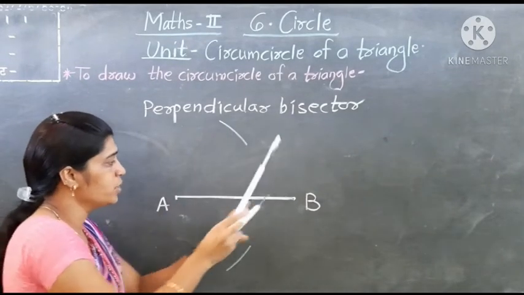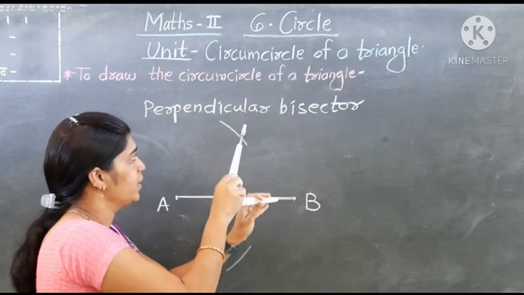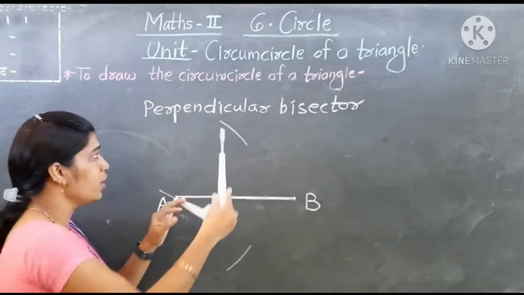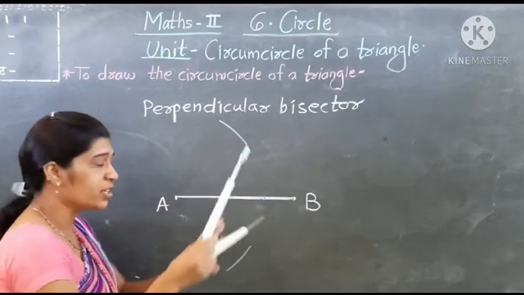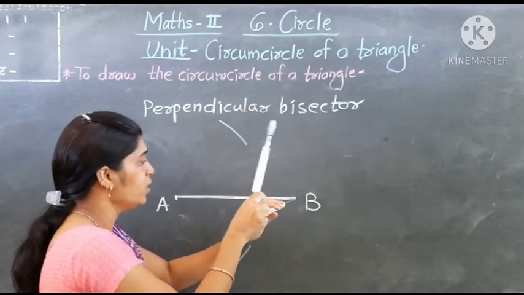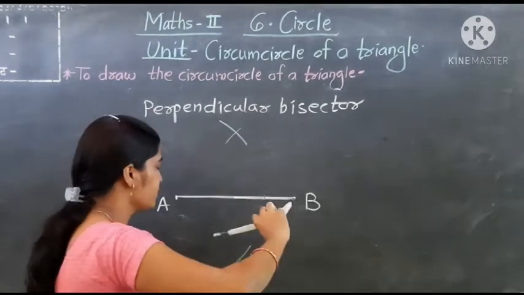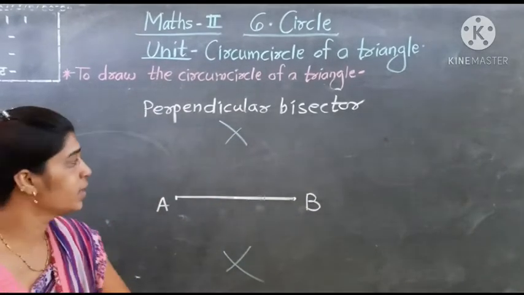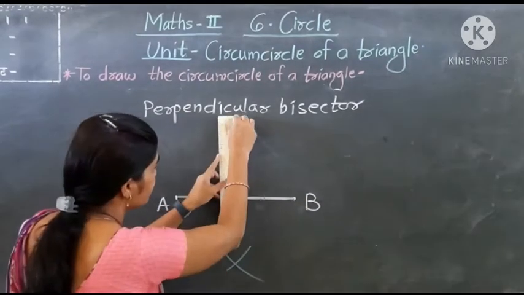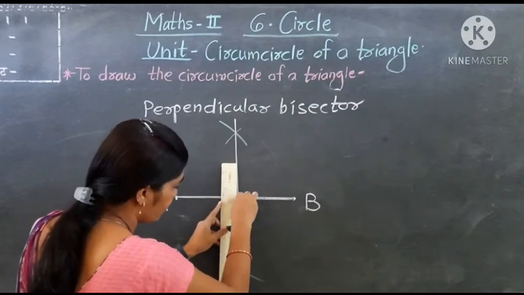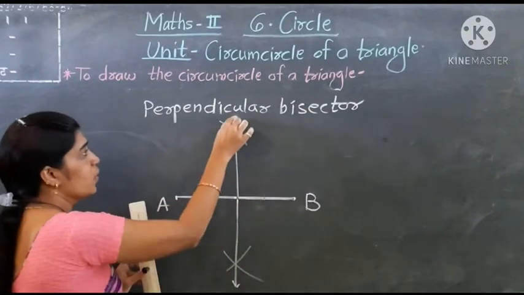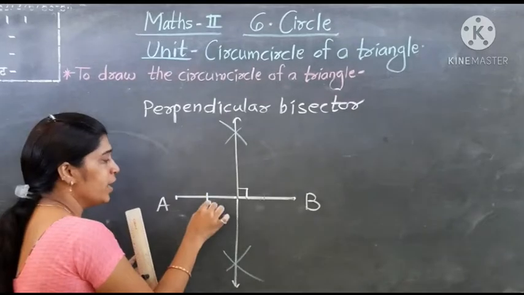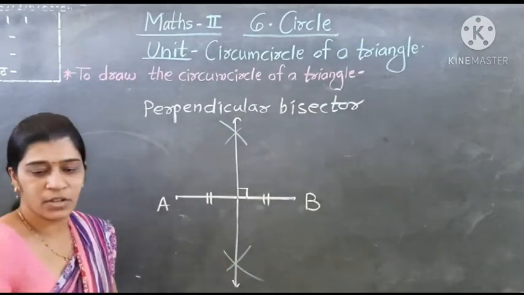Draw arcs on both sides of this line segment. Then take the same measure and draw arcs from the other end, and join these two points. We get this perpendicular and this bisector.